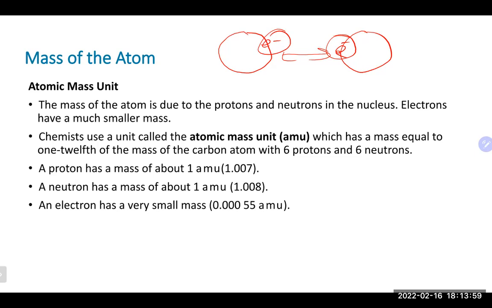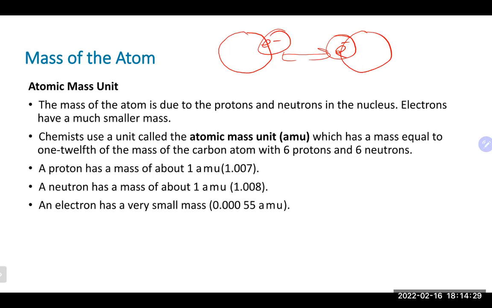The only time they get involved is with something like a nuclear reaction, which does involve the protons and neutrons. We don't cover that chapter in this class anymore, but in those cases the elements will change because those particles are involved. But in normal chemical reactions, it is just those electrons.